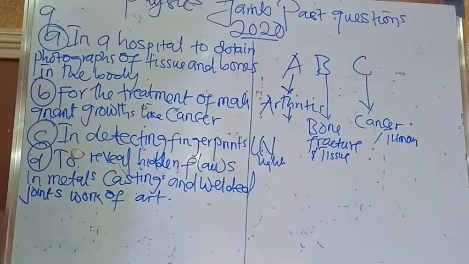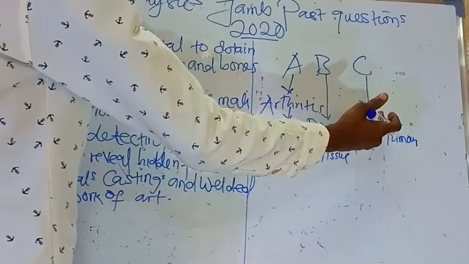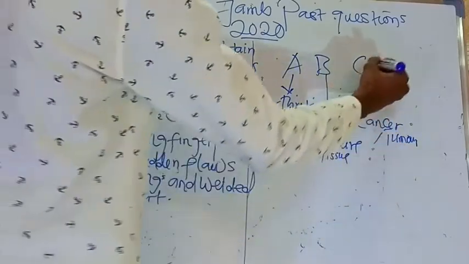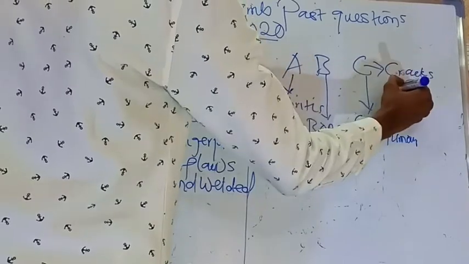And then D, to detect hidden flaws in metals, casting, and welded joints of arts. Yeah, this is one of them, because it is used for any cracks. Apart from cancer, C also stands for cracks in metals.